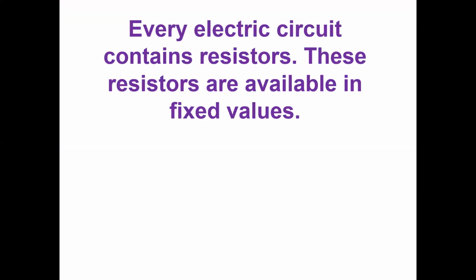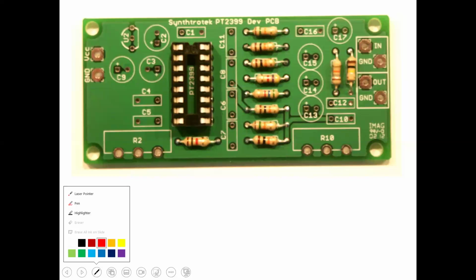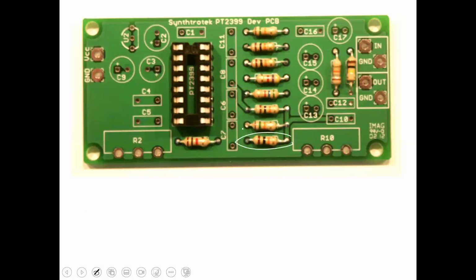Combination of resistors. Now you have to make a concept that resistors are physical entities. Now look at this, this is a circuit board. You might have heard about it, the motherboard or green board. This is an electrical circuit board. Now look at these. These are called resistors.